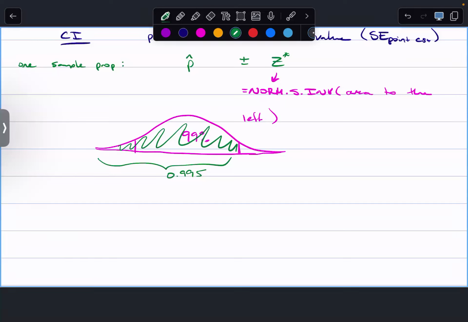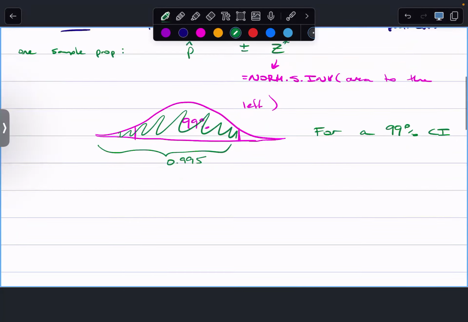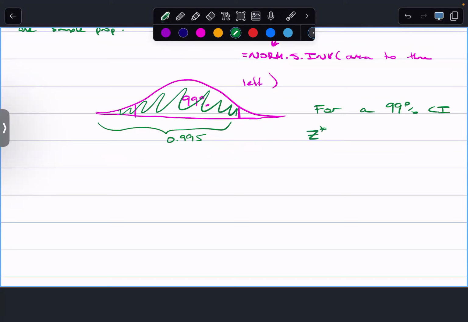So for a 99% confidence level, Z star is NORM.S.INV of 0.995. I think it's like 2.576.